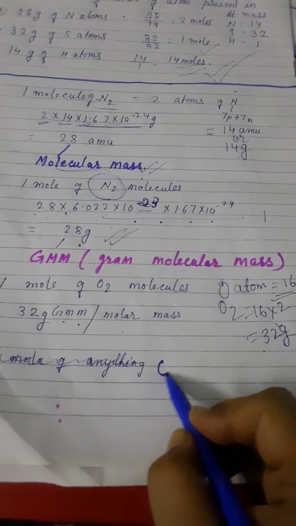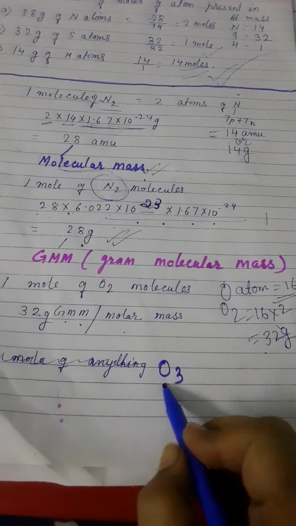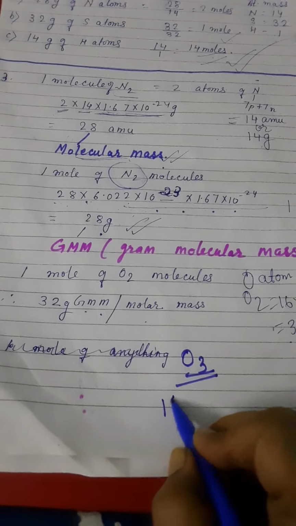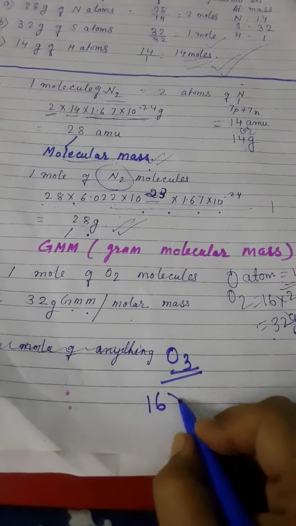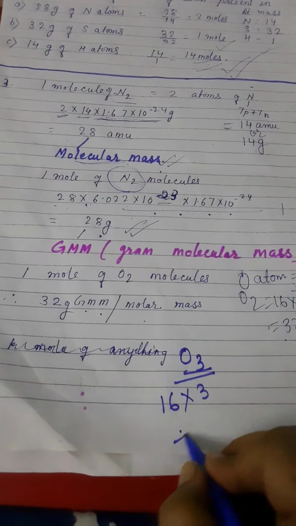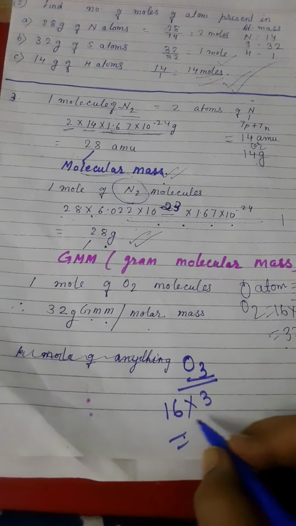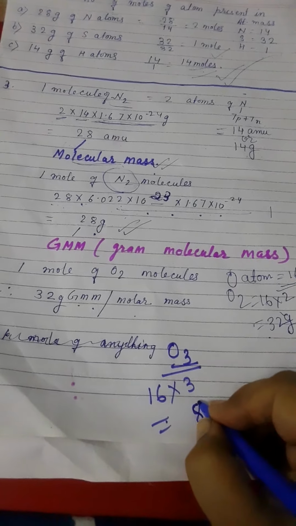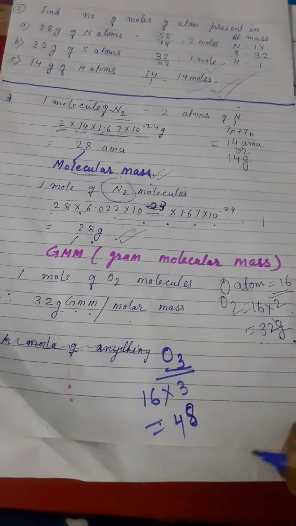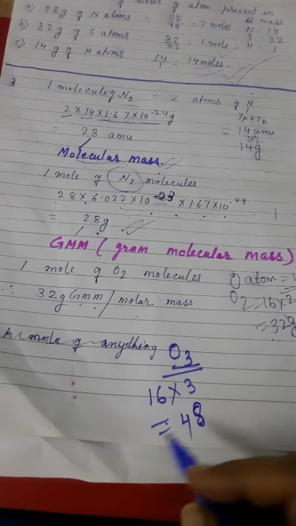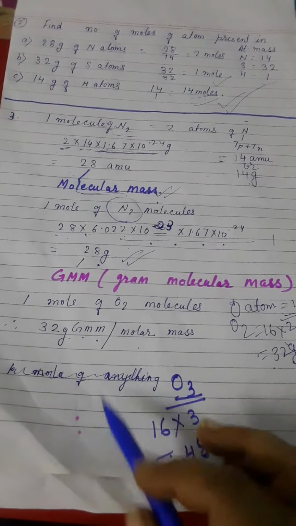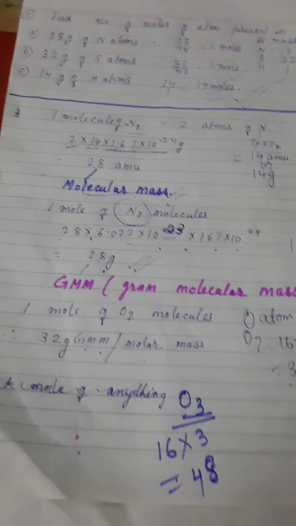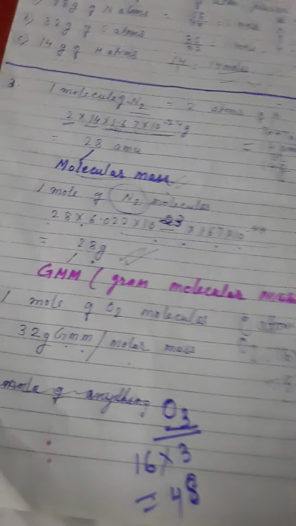How many atoms does ozone have? O3, 3 atoms, and the atomic mass of 1 oxygen atom is 16. Since it has 3 atoms, just multiply by 3 and the answer will be 48. In this way we can find out the molecular mass of certain molecules.